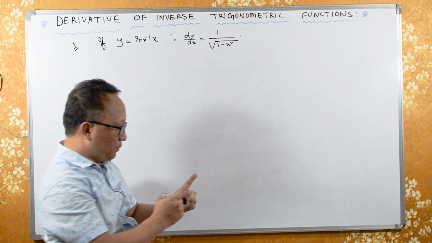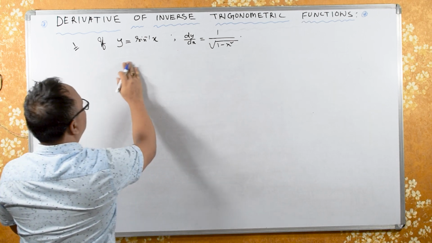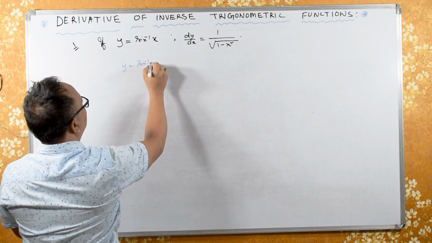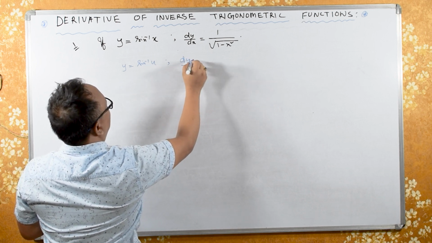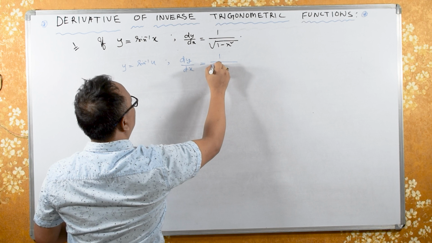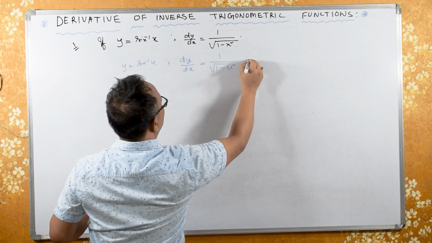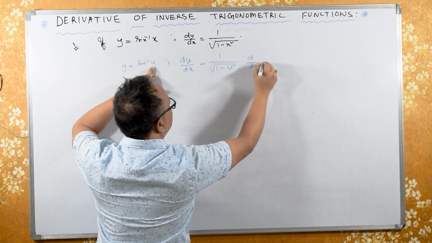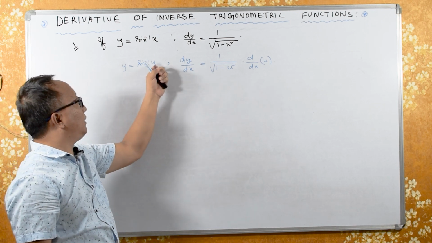Okay, but in some textbooks, or some authors, what we can say is if y equals sine inverse of u, another form is dy by dx is same as 1 upon square root of 1 minus u square into d by dx of u, meaning you have to differentiate with respect to x whatever function you have.